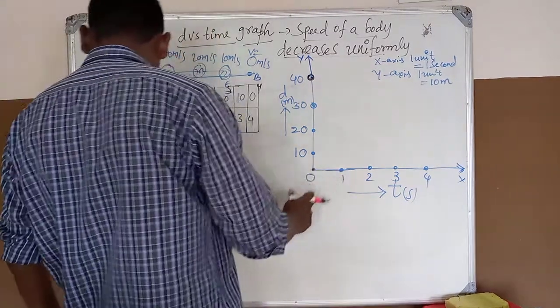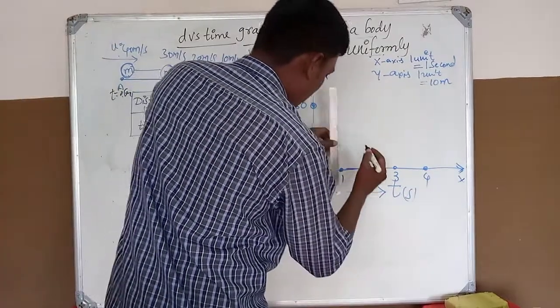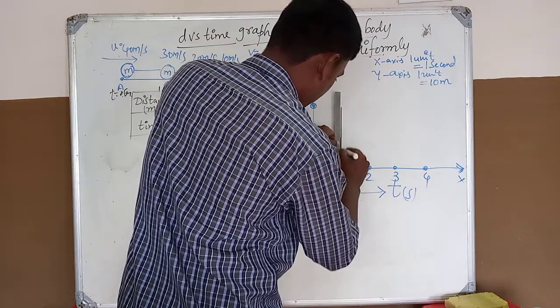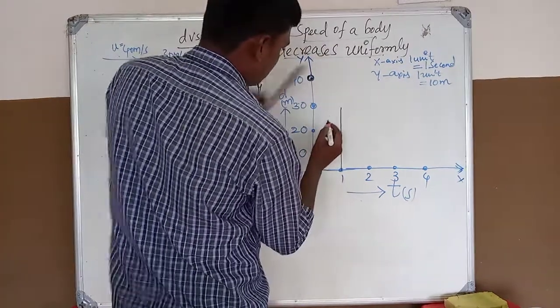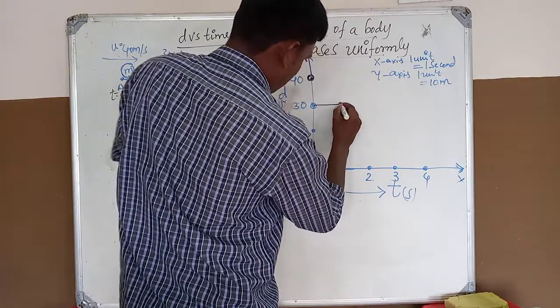Next, after 1 second, what is that one? Okay, 30. That's why 30 is here, 1 is here. Like this.